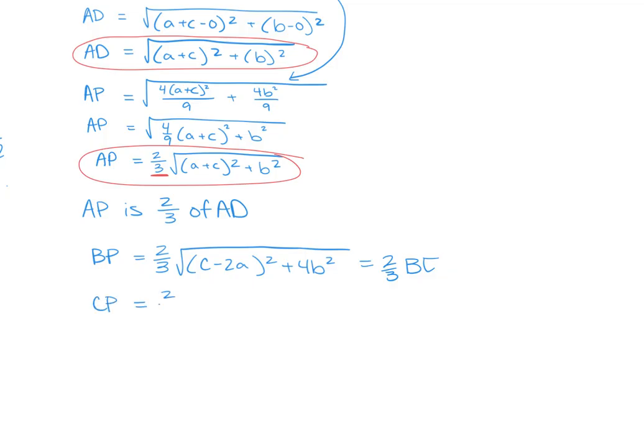So 2/3 of the square root of 2C minus A squared plus B squared equals 2/3 of that CF.